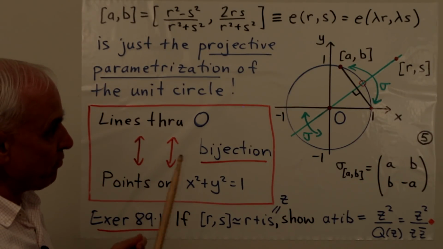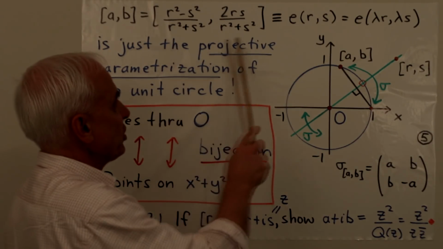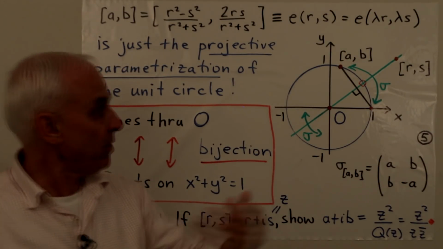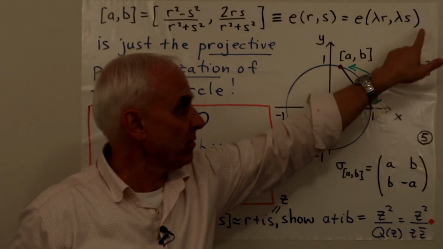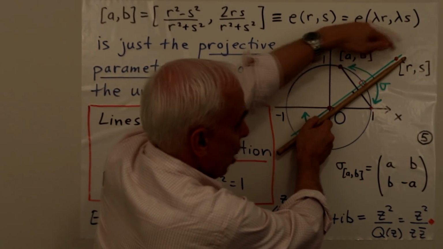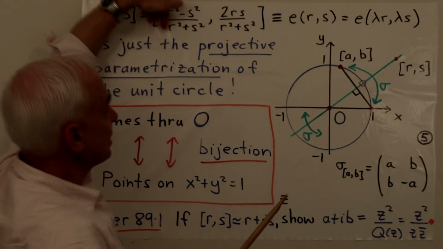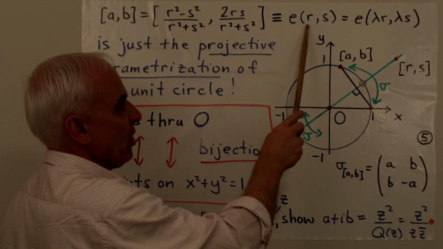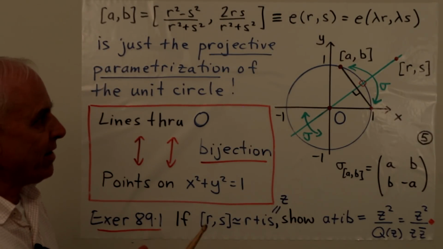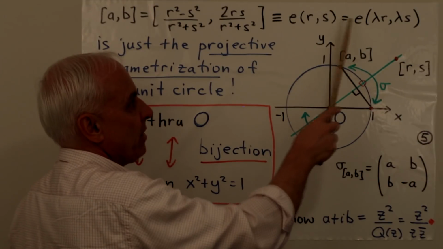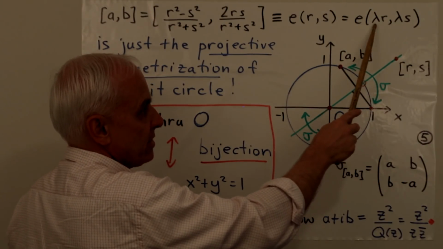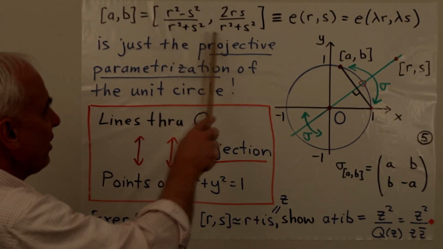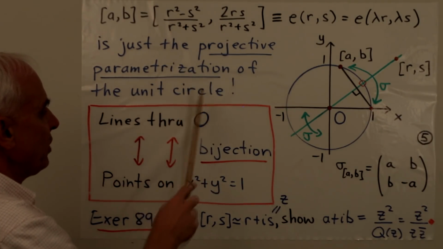One key property of this is that this expression is homogeneous in R and S. That means if we multiply the point RS by a scalar, so move it along this line, then this expression doesn't change. So if we call this expression ERS, then it's going to be constant if we multiply R and S by some non-zero scalar lambda. And this is, as I said, just the projective parameterization of the unit circle.